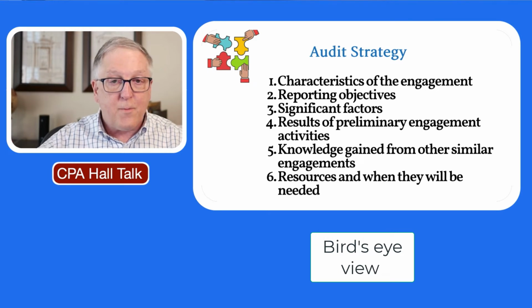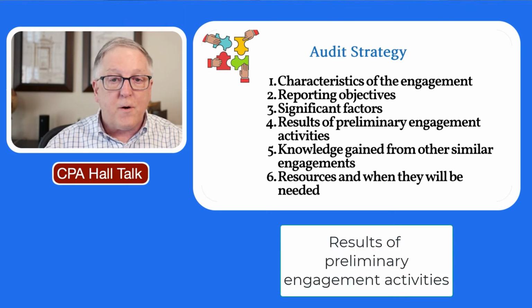If we do this part right, we should be able to look at this one document and get a bird's eye view of the overall engagement, where the risks are, and how we're responding to that in terms of audit staff.